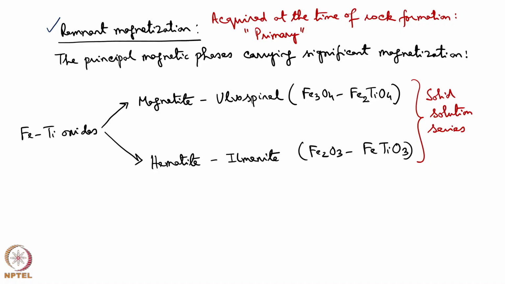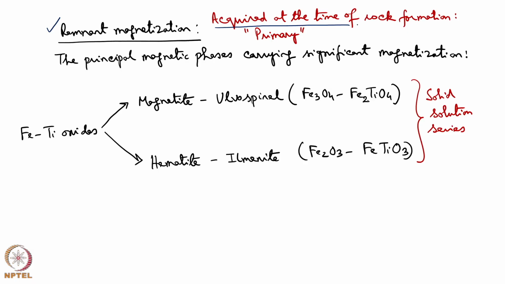We need to now look at a few basic things about the remnant magnetization, and then we will again initiate the magnetostratigraphic discussions. How does a rock attain normal and reverse polarity? It is attained at the time of the rock formation. So, here when we are discussing the remnant magnetization, we are essentially talking about the primary remnant magnetization.